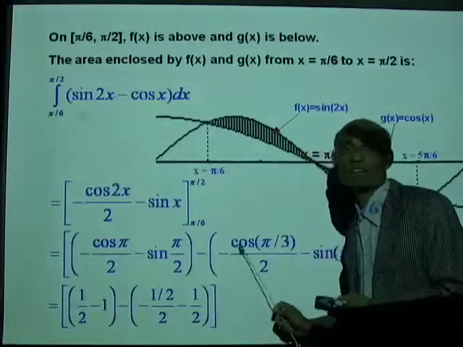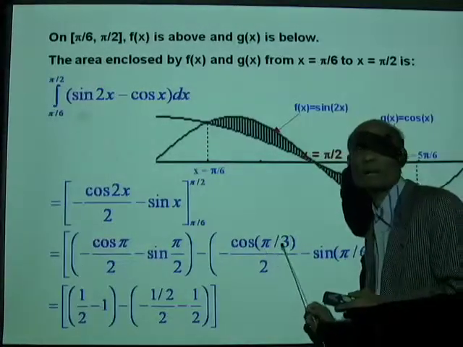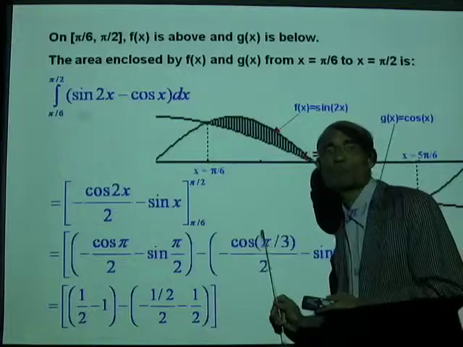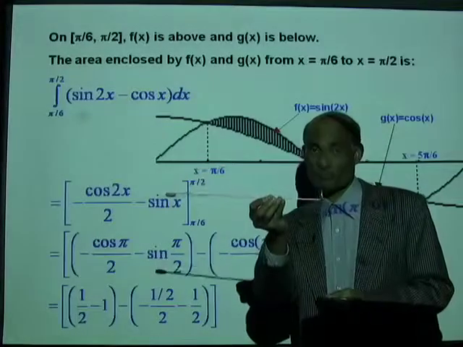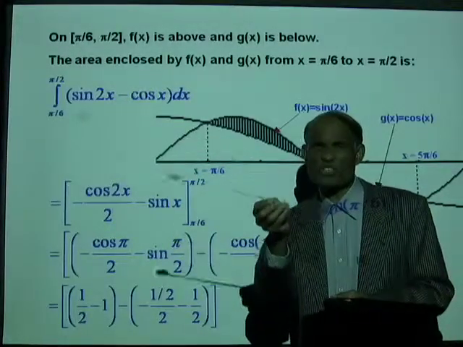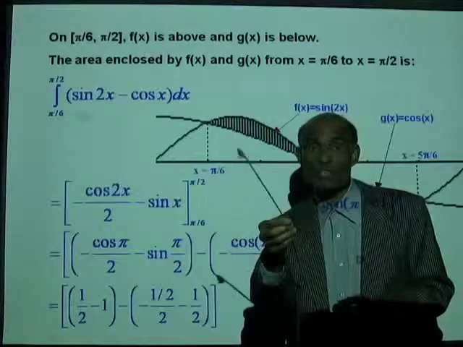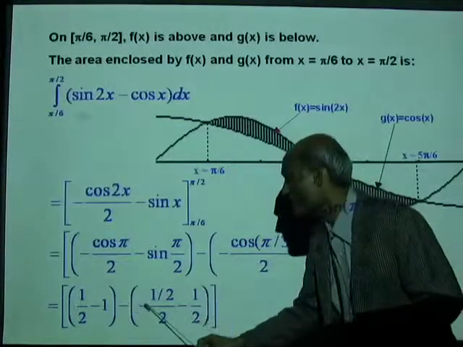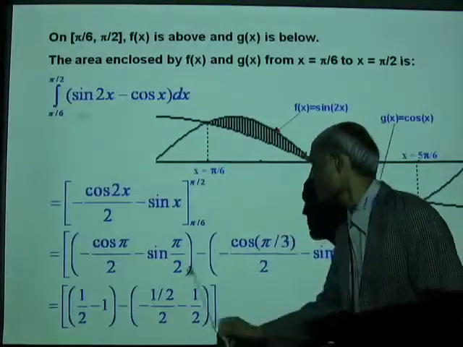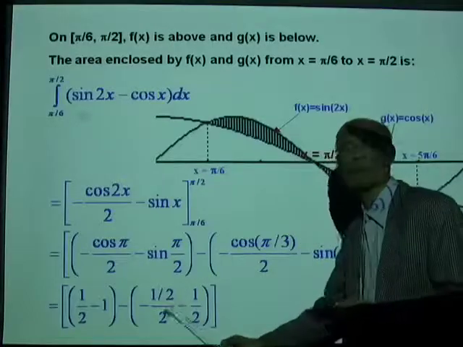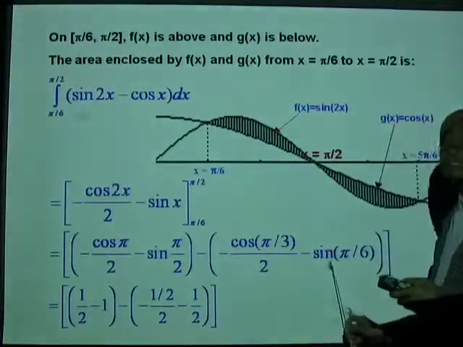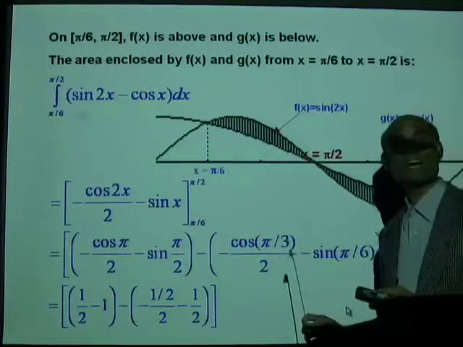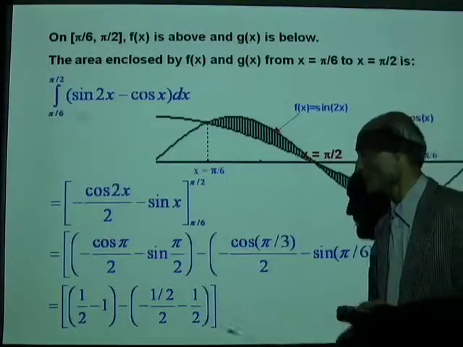Minus negative, what is cos of pi by 3? Pi by 3 is 60 degrees. Cos 60 degrees is 1/2. So that will be negative cos pi by 3, which is 1/2 divided by 2, minus sine pi by 6, sine 30 is 1/2.